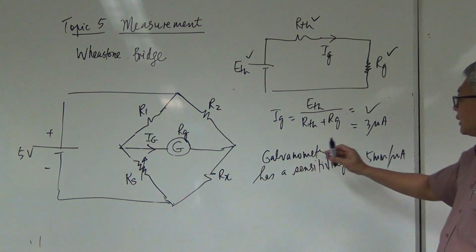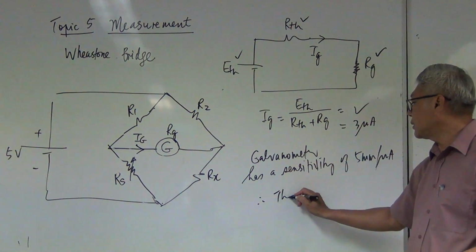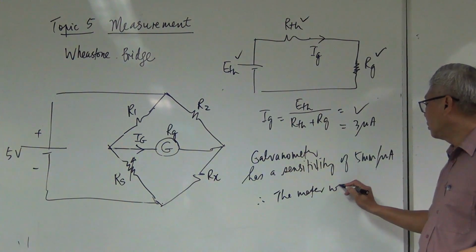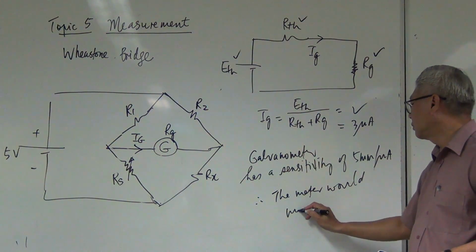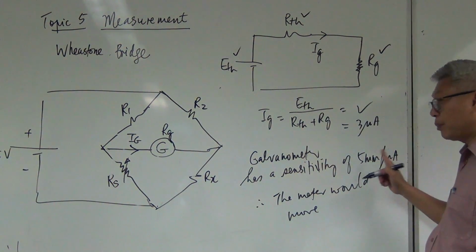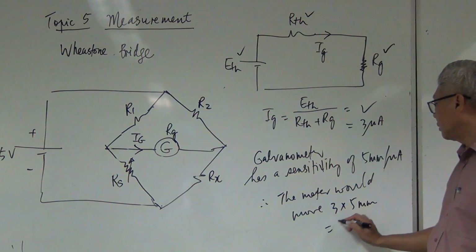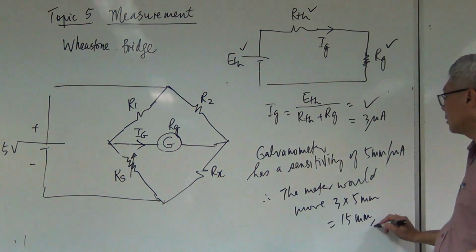Then the meter would move how many millimeters? 1 microampere is 5 millimeters, so 3 microampere is 3 times 5 millimeters. They will move 15 millimeters.